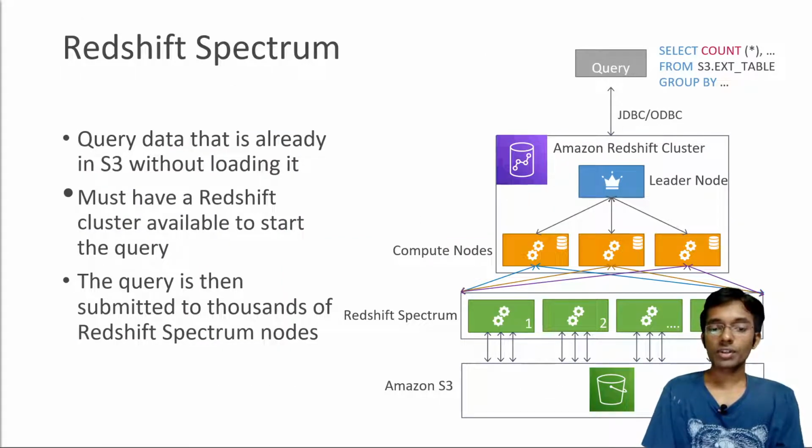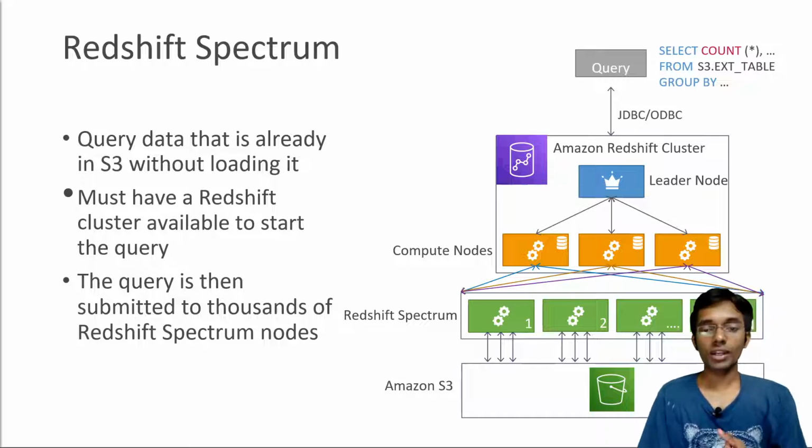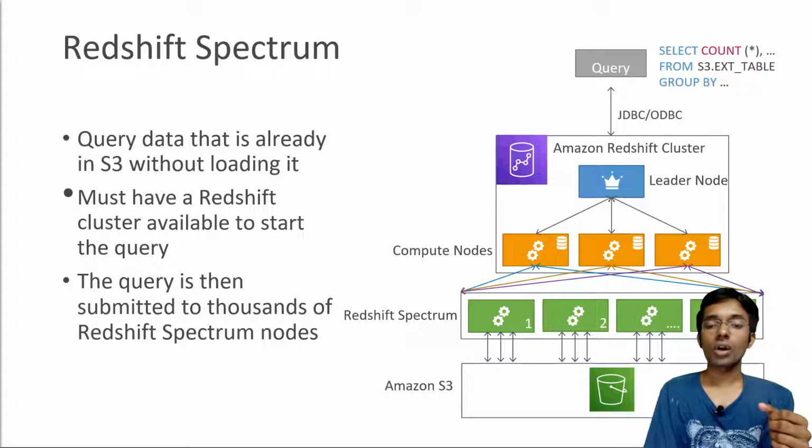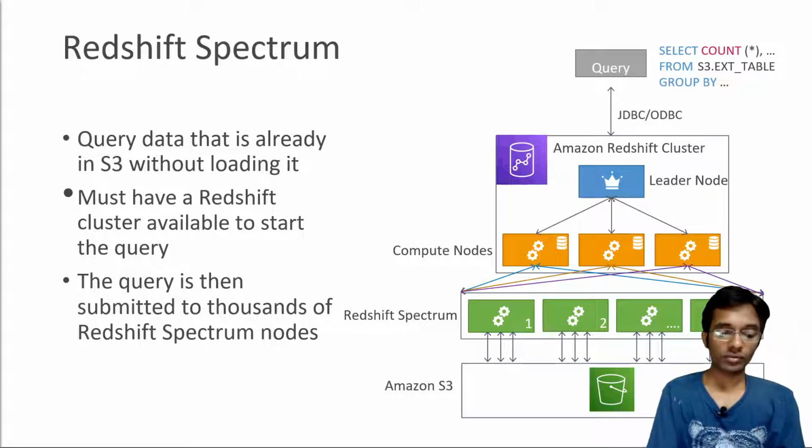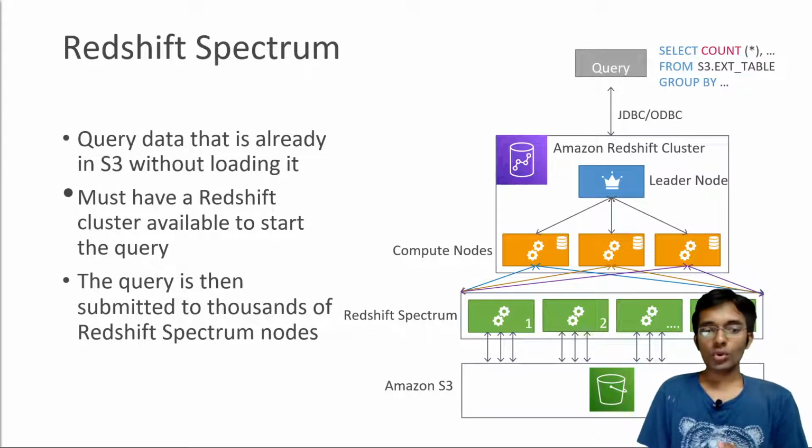Now Redshift Spectrum is a way to query data in Amazon S3 without first loading it into Redshift. For this, you must have a Redshift cluster available to start the query, and then the query is submitted to thousands of Redshift Spectrum nodes. So how does that work? Well, we have our existing Redshift cluster, which has a leader node and a bunch of compute nodes.